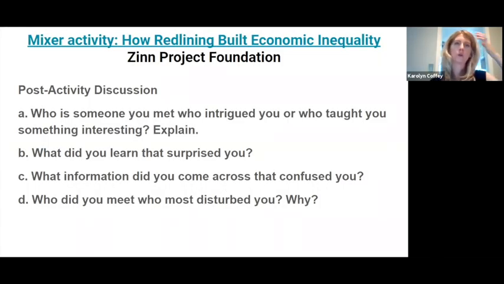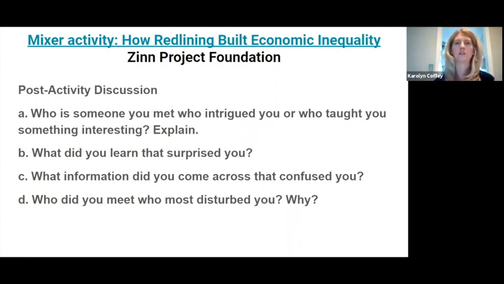But I think the most important activity within this section of the unit is the mixer activity. This comes from a website called the Zinn Project Foundation. It is an attempt to really demonstrate the sincere difficulties that African Americans had in trying to access these government programs that really seem to enrich and improve and uplift middle-class Americans.